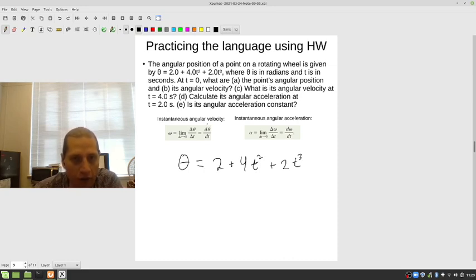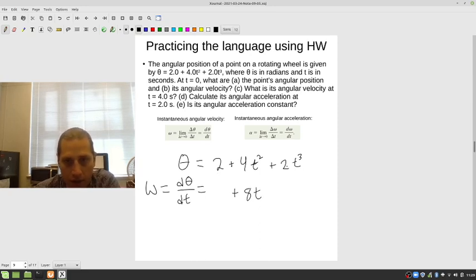Putting time variables in here and getting an angle is fairly easy. If you want to find the angular velocity, that is d theta dt. So the derivative of 2 is just 0 because it doesn't depend on t. This is plus 8t, and this is plus 6t squared. That's your angular speed in radians per second.